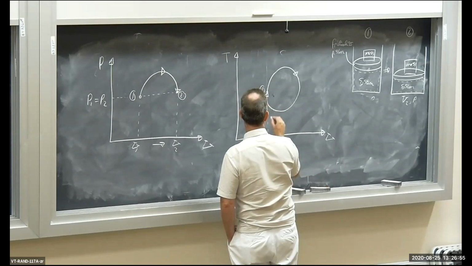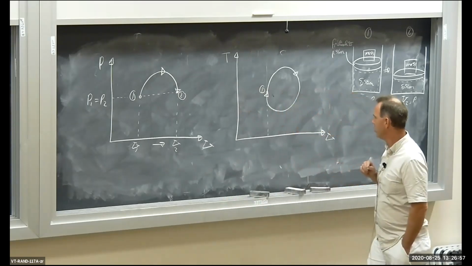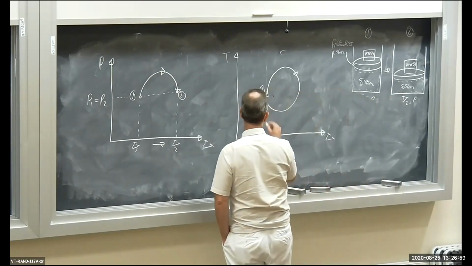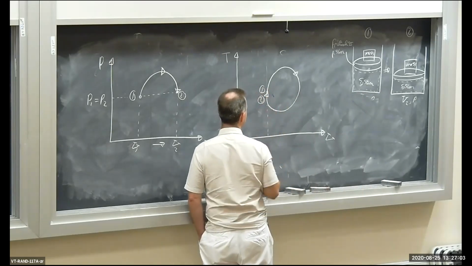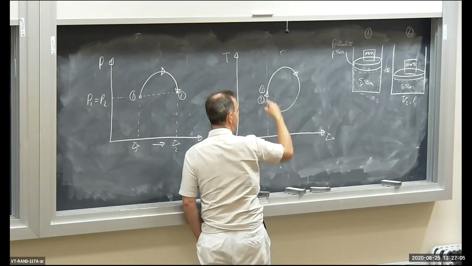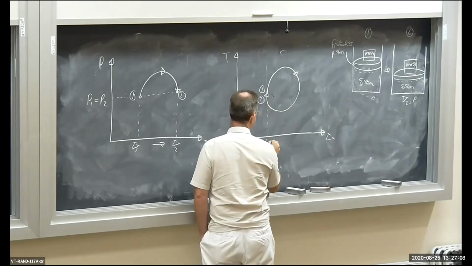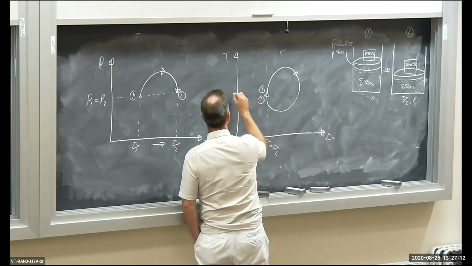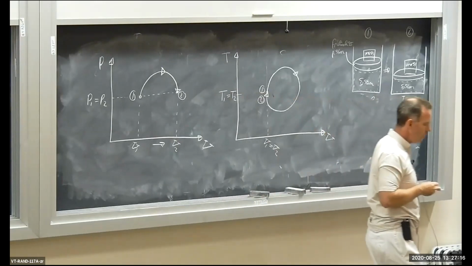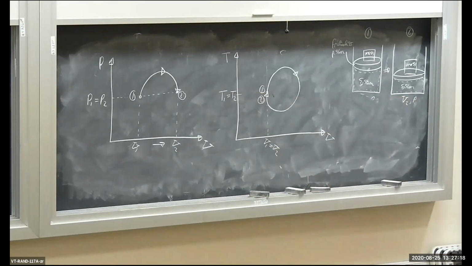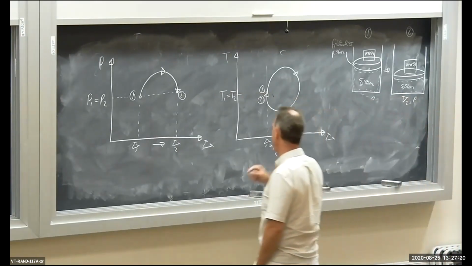There's our volume there at the end. So this is state 1 and it's state 2. We go along a path and we end up back where we started. So V1 is equal to V2 and T1 is equal to T2. So the initial and the final state are the same. We just go around in a circle on the TV plot.